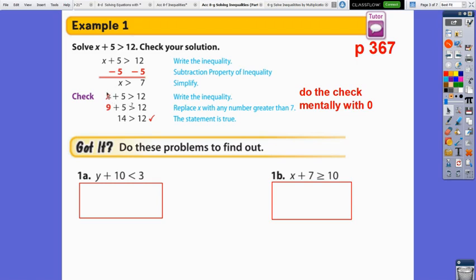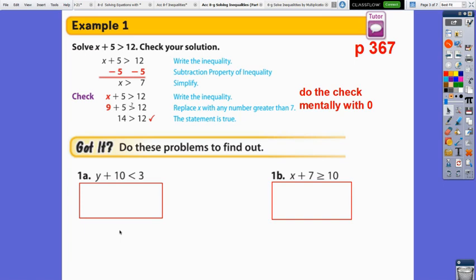So if I put 0 in for x, 0 plus 5 is greater than 12, I should get that that's not true, right? And if I put 0 in my solution, is 0 greater than 7? No, it is not. So that makes sense. Okay, my answer is good.